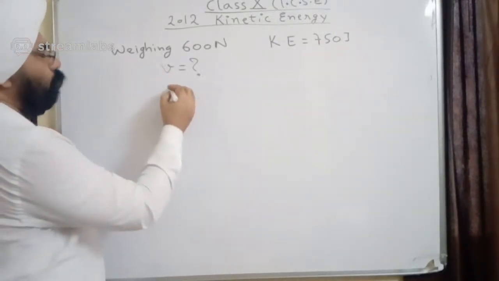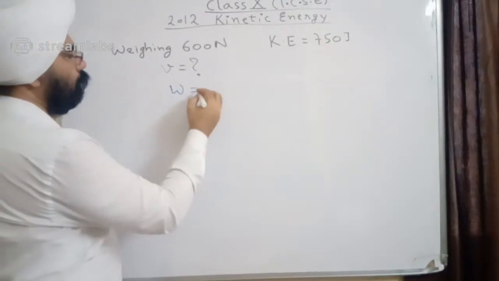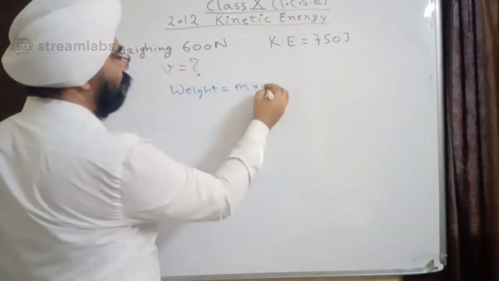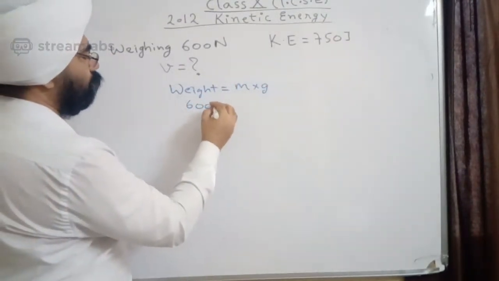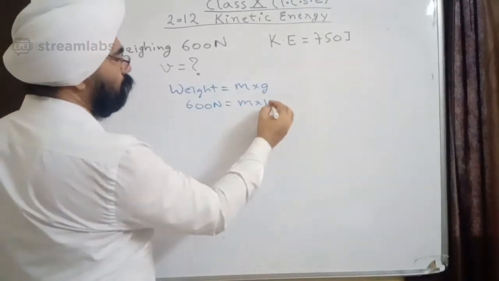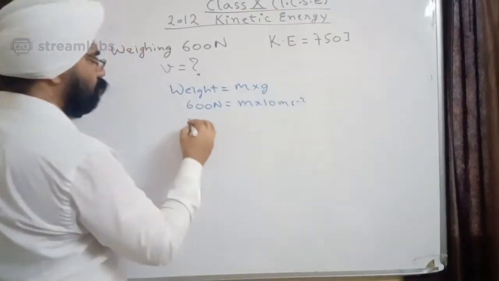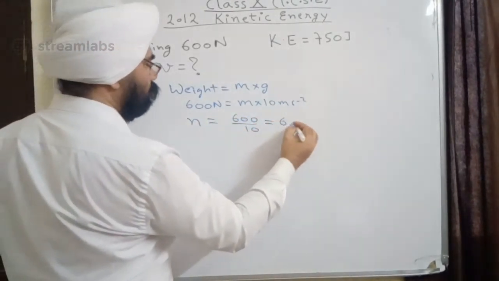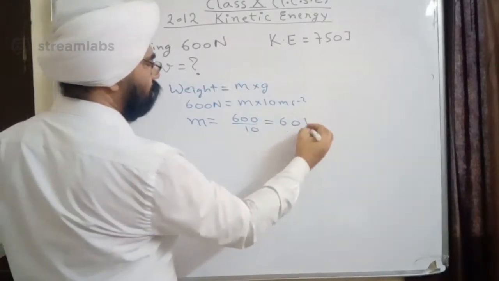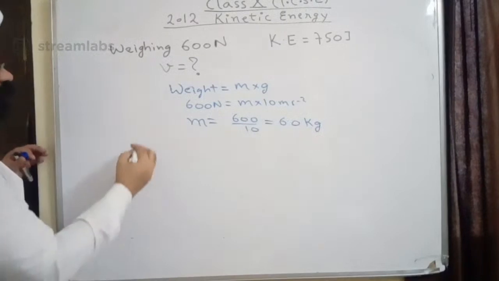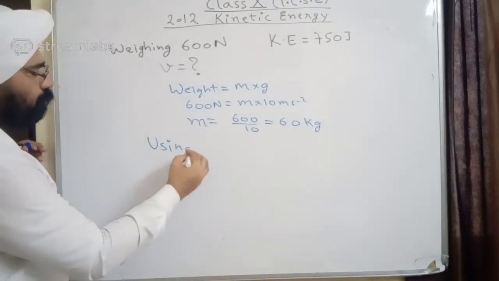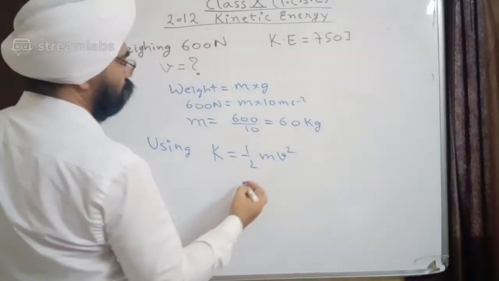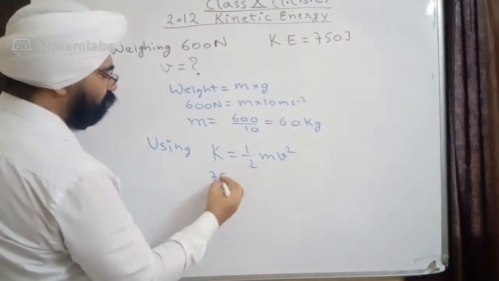We know that weight is equal to mass into gravity, which means 600 newtons is equal to m into 10 meter per second square. So m comes out to be 600 by 10, which means it is equal to 60 kg. Now we apply kinetic energy is equal to half mv square. Kinetic energy is given to be 750 joules.